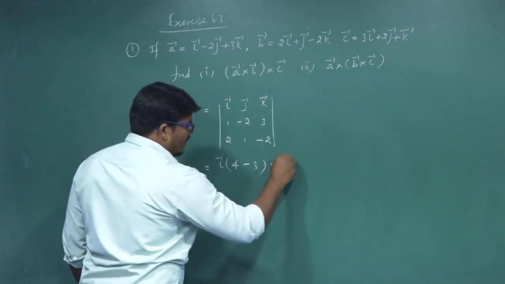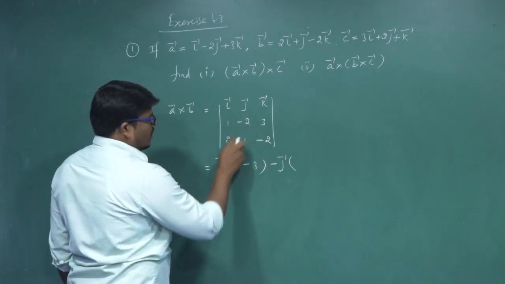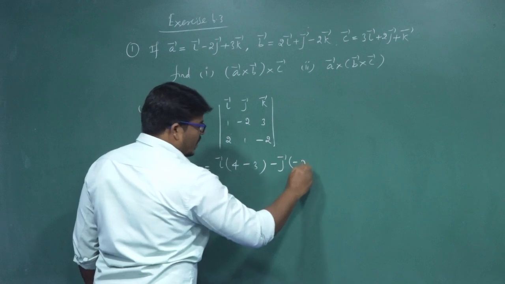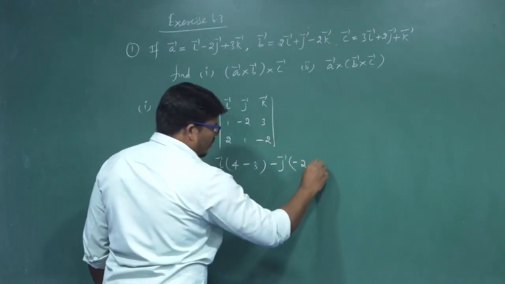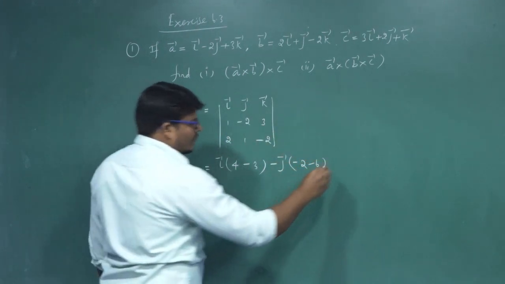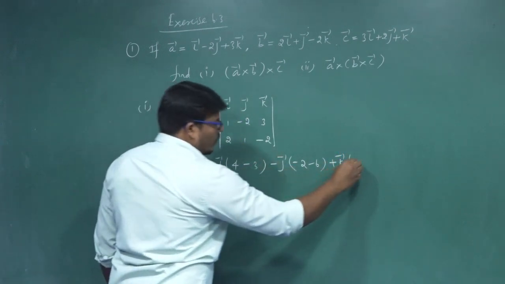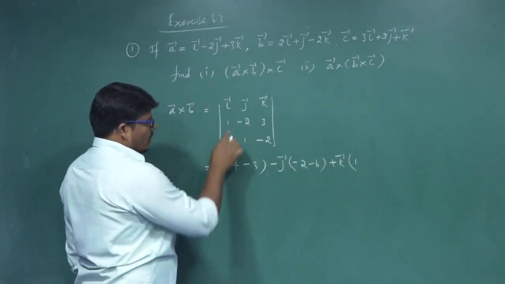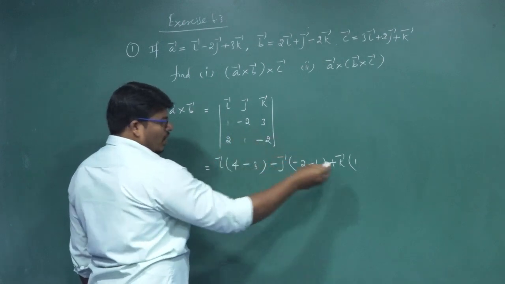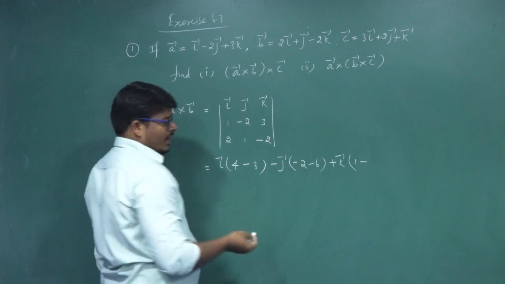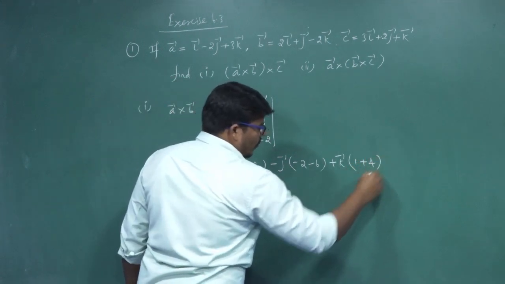Next, minus j vector into the minor matrix: 1 into minus 2 is minus 2, 2 times 3 is 6, giving minus 8. Next, plus k vector into the minor matrix: 1 times 1 is 1, minus 2 into 2 is minus 4, plus 2 times 2 is 4.